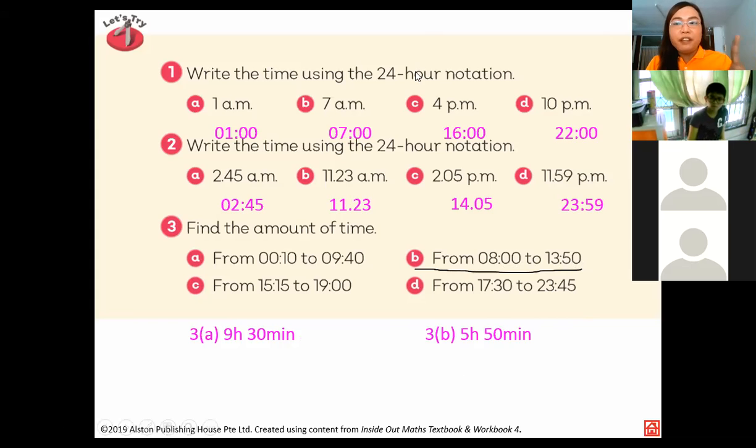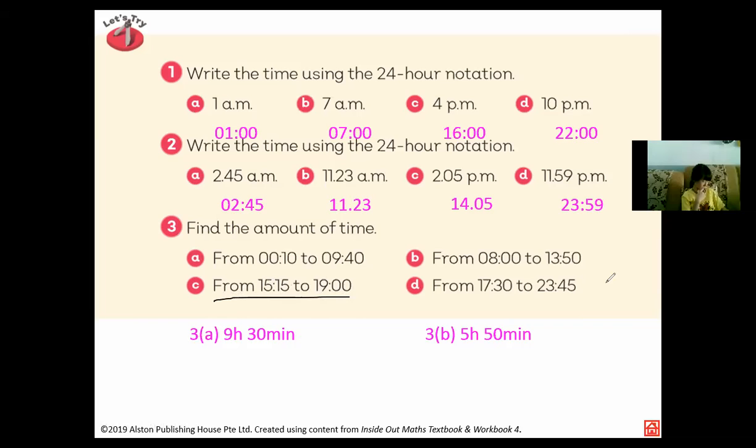From 15 to 19. What is the amount of time? Anyone?